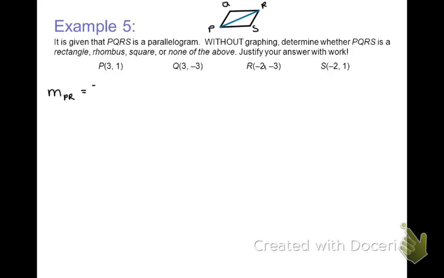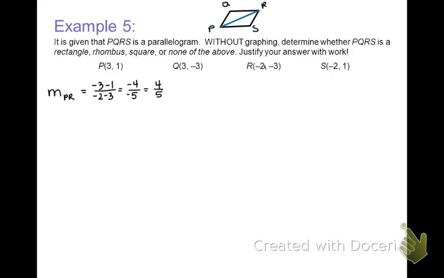So that's going to look like -3 minus 1, that's your Y values, all over -2 minus 3, that's your X values. I need to see that setup, and then you can show me your work. So you'd get -4 over -5, which you would want to simplify down. If you have two negatives, you do want to write it as a positive. So yep, that would be your final answer for that.